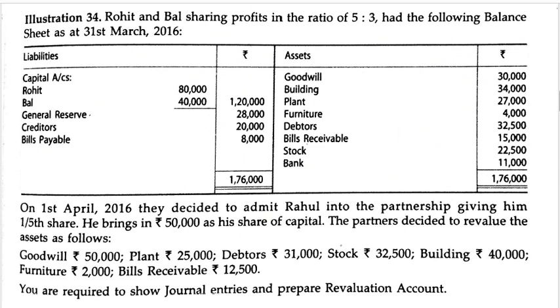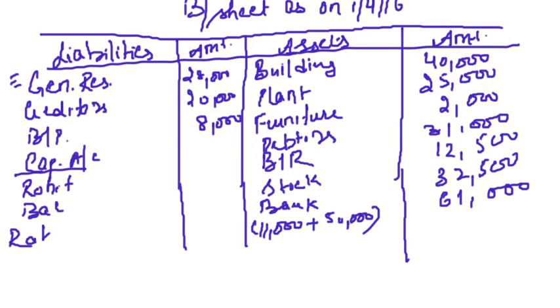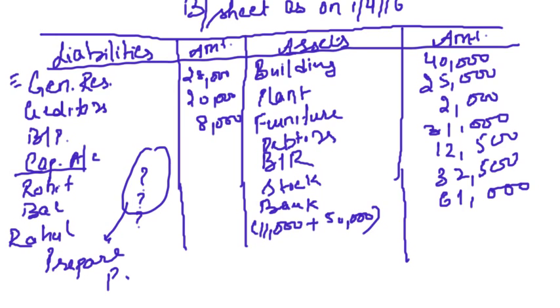The capital accounts of the partners. Capital account of now 3 partners, Rohit, Bal and Rahul. Now how to get these figures? For this you will have to prepare partners capital accounts. We have discussed this in the very first chapter of partnership, how to prepare the partners capital accounts.